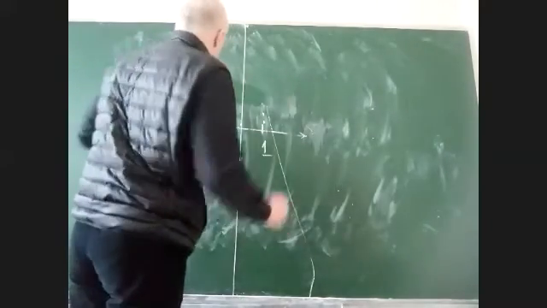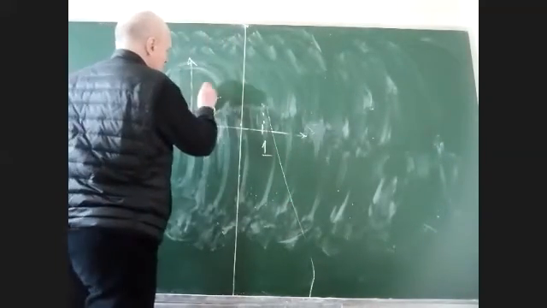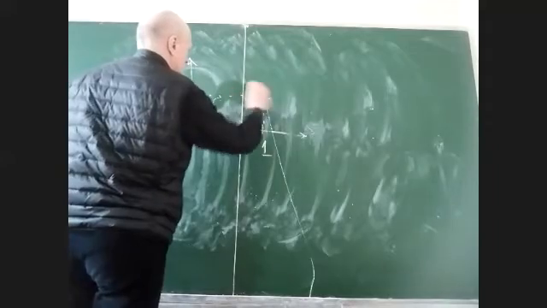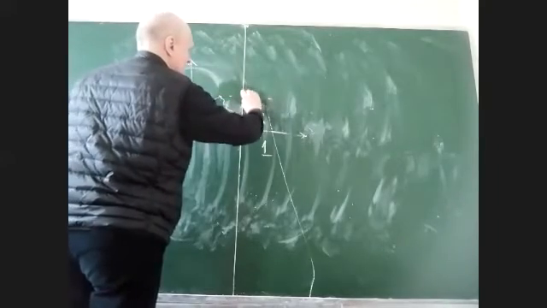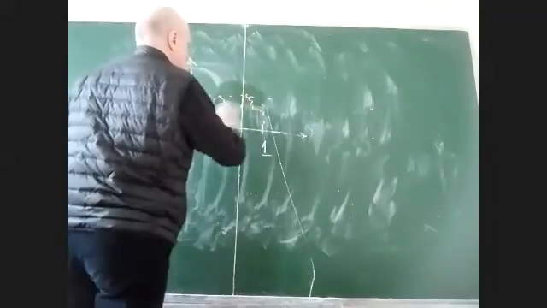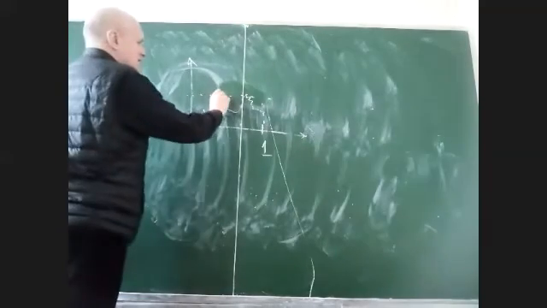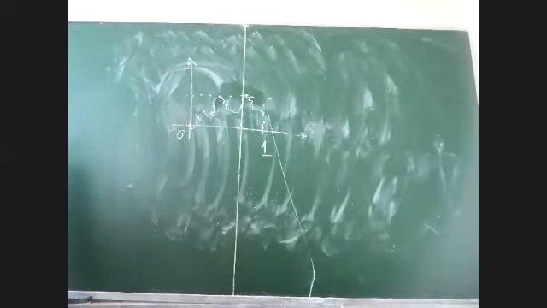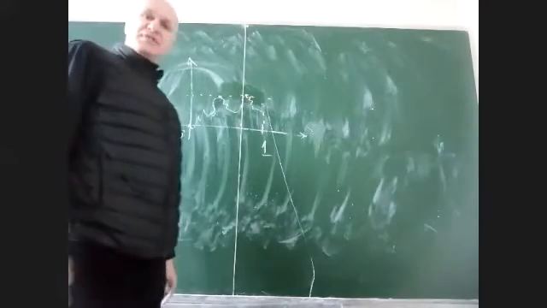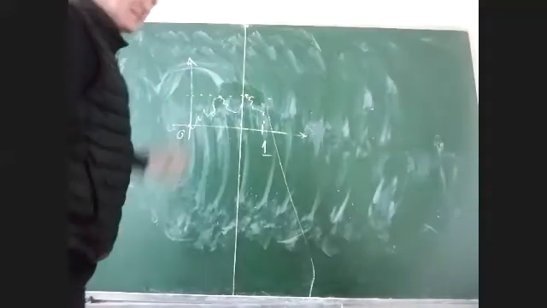Can it happen that the picture will be like this? This is a maximum, and we have this. So we have two distinct points of global maximum. It occurs that no, and let me explain why.